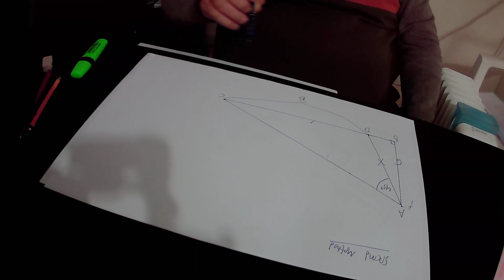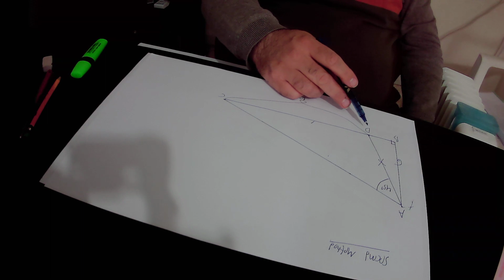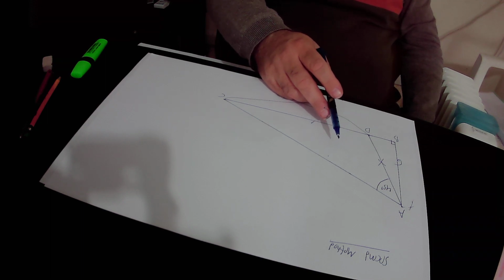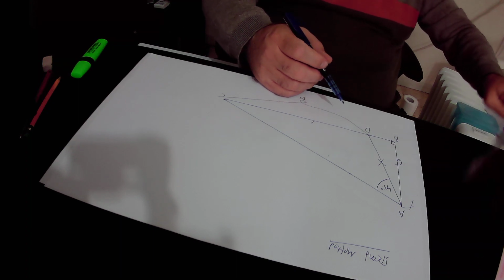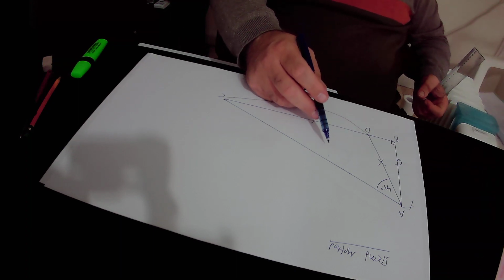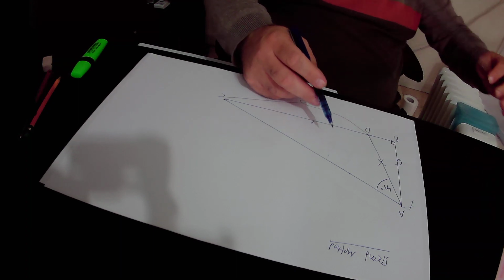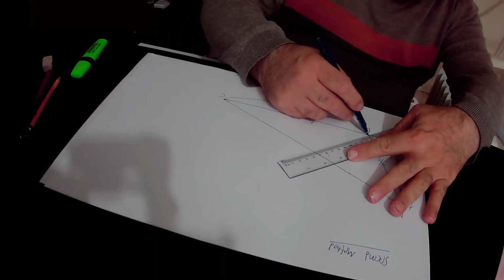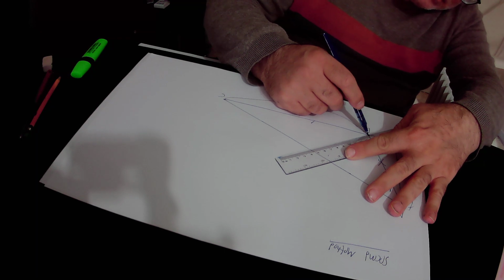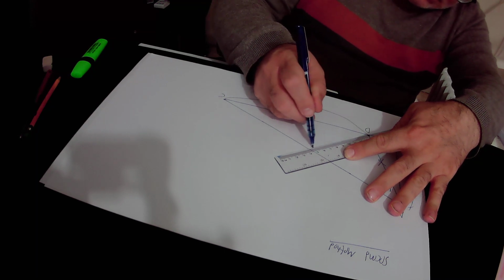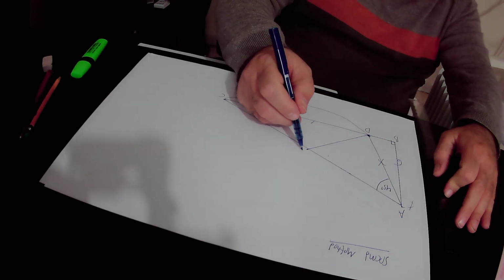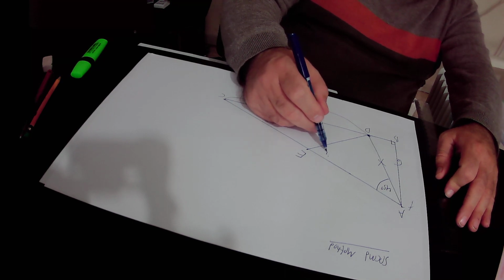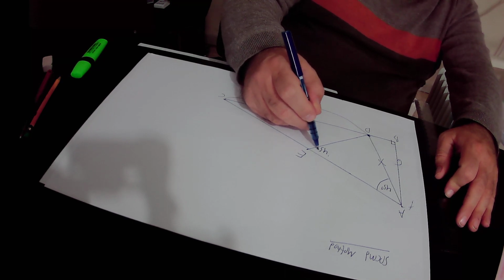From point D, we'll draw a straight line to AC in such a way that the angle that will be created will be equal to 45 degrees. Here, angle AED is equal to 45 degrees according to our construction.